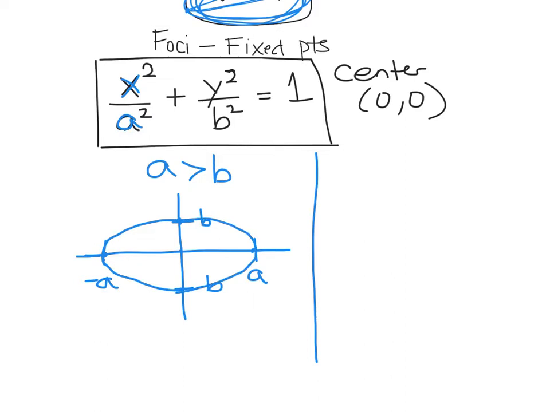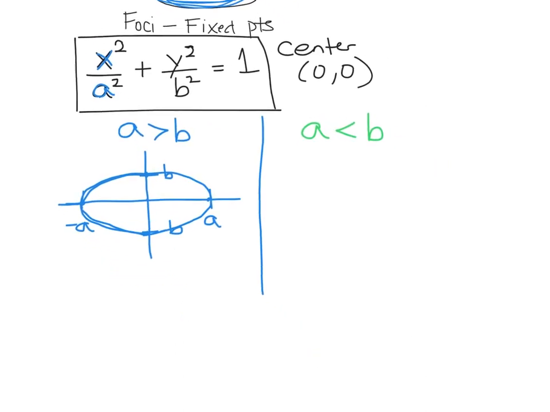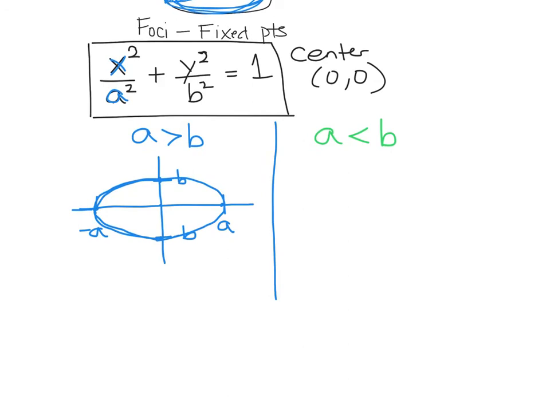It looks kind of like a football. There you go. Okay? All right, when a is less than b over here, you're still going to graph it the same way, going a in each direction on the x.